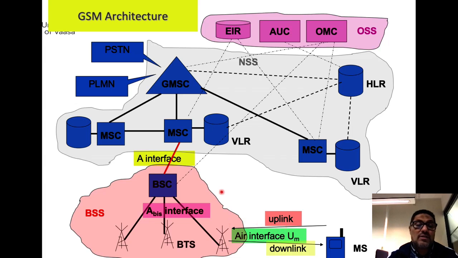And then we have interfaces between each terminal. For example, between the base station and the mobile is called the air interface. Between the mobile stations and the base station controller, we call it the base interface. Between the base station controller and the core network or network substation, we call it an interface.